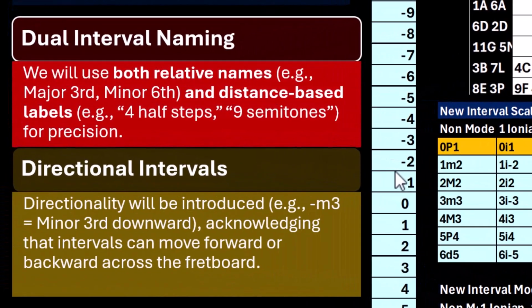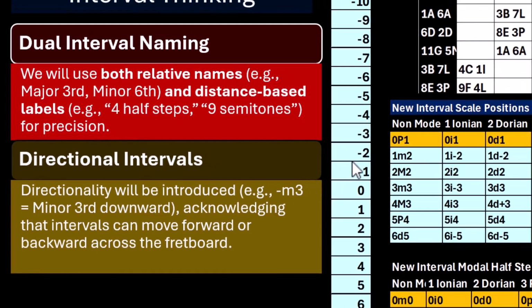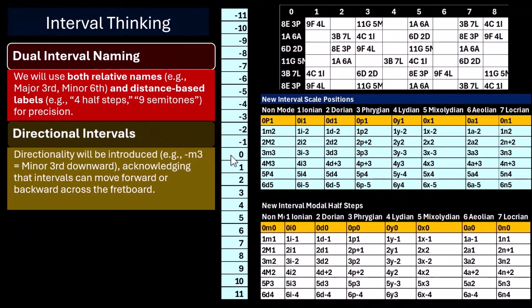So we have the directional intervals. Directionality will be introduced. So in other words, notice that when we look at distance, even on a piano, distance goes both ways. If I start on a C, I can go to the right of the C, up pitch-wise, and I can go down as well. But notice the way our interval system works, it's as though we can only go in one direction.